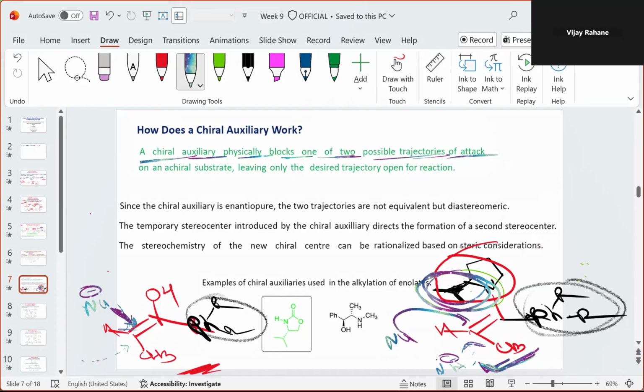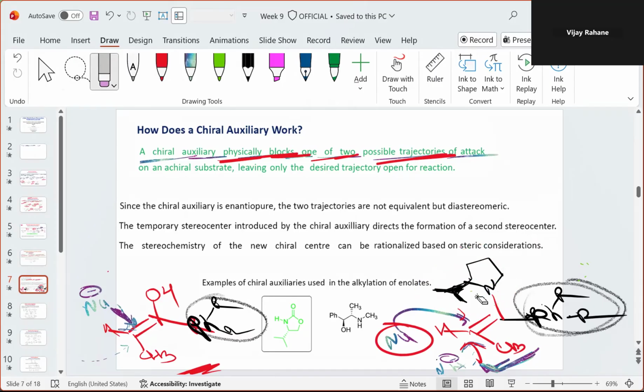So that's what is mentioned here. The chiral auxiliary basically physically blocks one of the two possible trajectories. In this example, the two trajectories were attack on the top side or attack on the bottom side. So these were the two different possible trajectories.